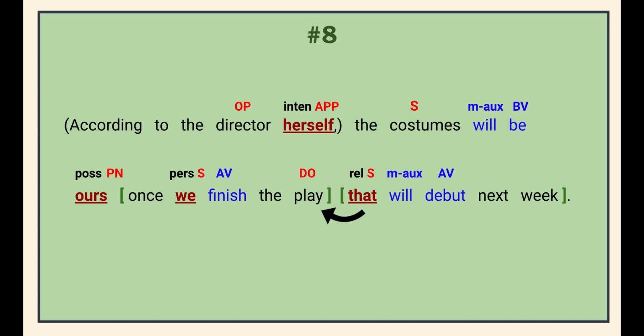It's a personal pronoun referring to the speakers, and it's acting as the subject to the action verb finish. The final pronoun in the sentence is that. It's a relative pronoun that begins the dependent clause that describes play, its antecedent, and it acts as the subject of the clause for the verb will debut.